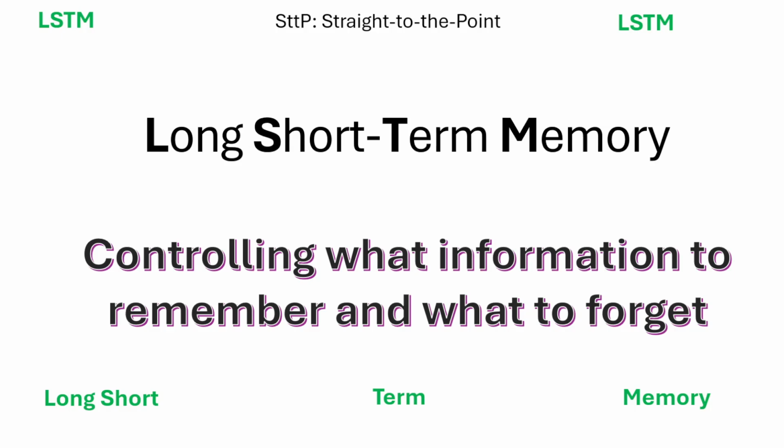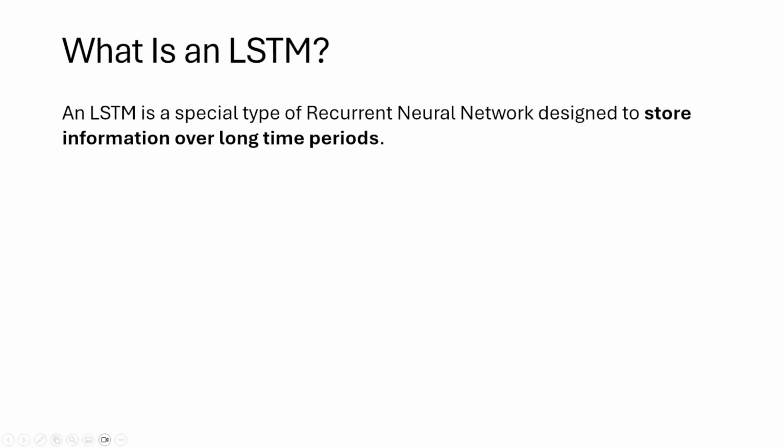Remember that in the RNN, or the recurrent neural network, we introduced the memory concept in neural networks, but we faced the problem of the exploding or the vanishing gradient. So this LSTM helps us avoid this problem, and we're going to see the information flow in this specific architecture.